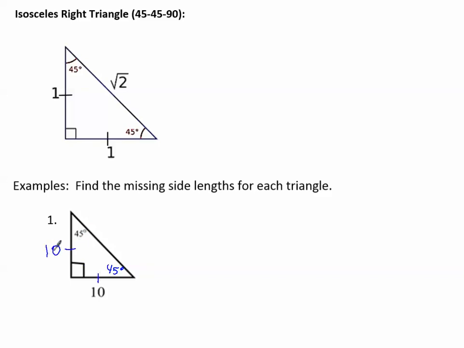So this is also 10. The hypotenuse is, of course, just 10 times the square root of 2. Remember, the ratios of the sides is 1, 1, square root of 2. 1 and 1, meaning these two sides are the same, congruent, and the hypotenuse times square root of 2.